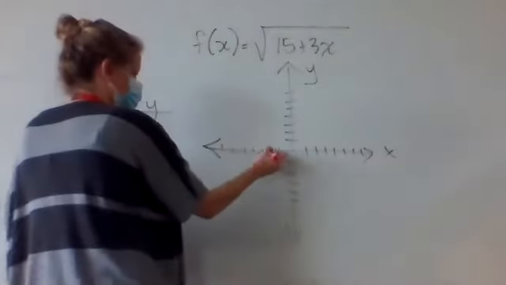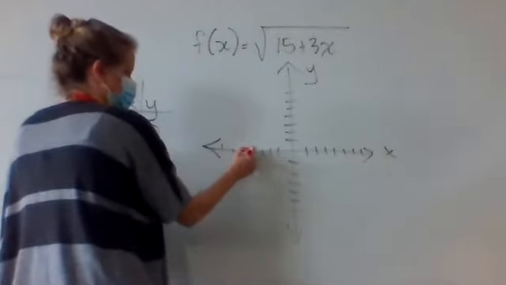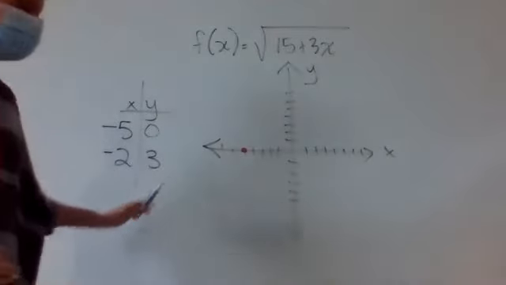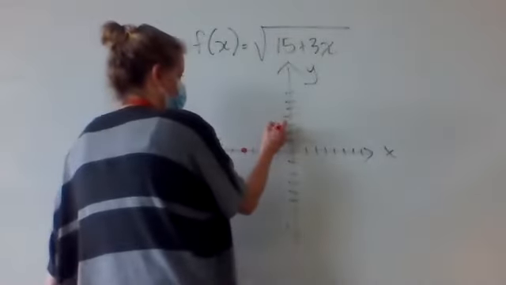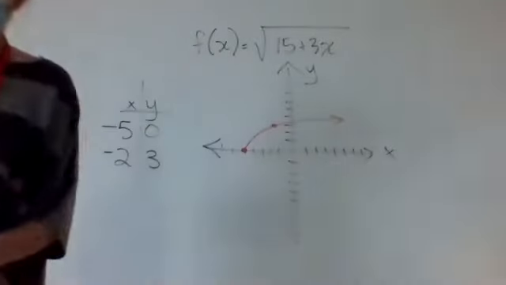Negative 5, 0. 1, 2, 3, 4, 5, 0. And negative 2, 3. So there's a left 2 and up 3. And when I connect them, that draws it.